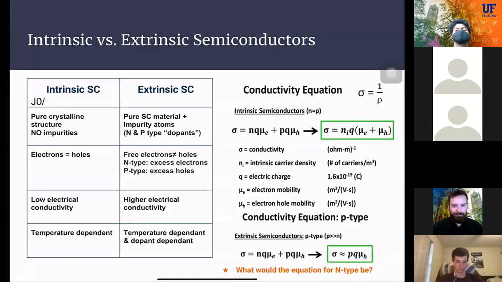Conductivity is the ease with which electrons or current flow. That's the conductivity, sigma. In an intrinsic semiconductor, sigma is equal to the product of the number of charge carriers and the charge of the charge carriers, Q, which is the unit charge of an electron.